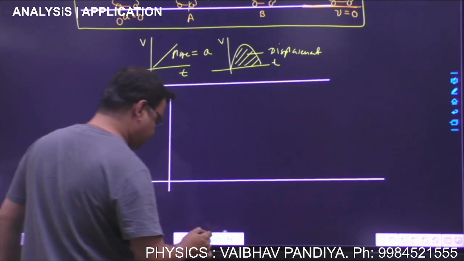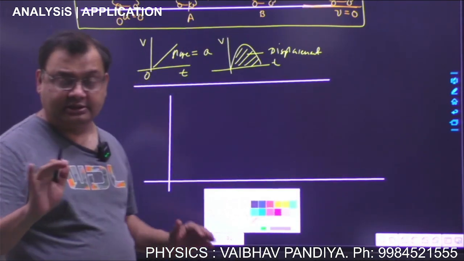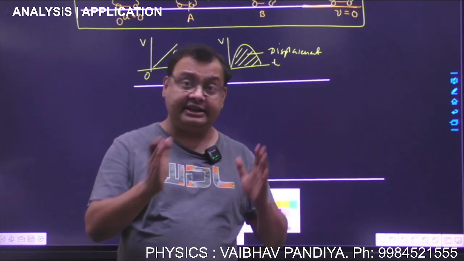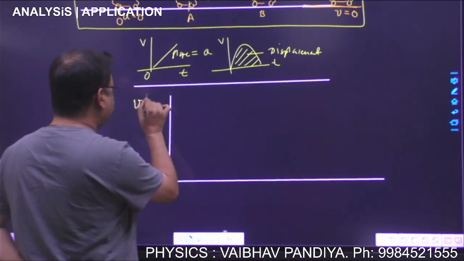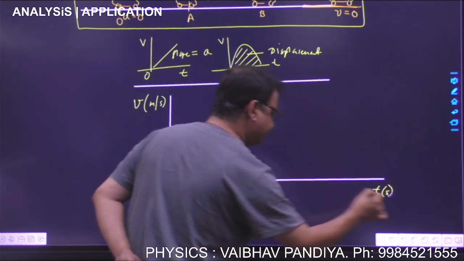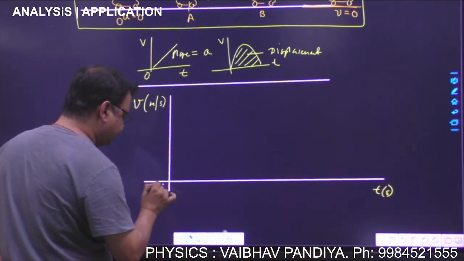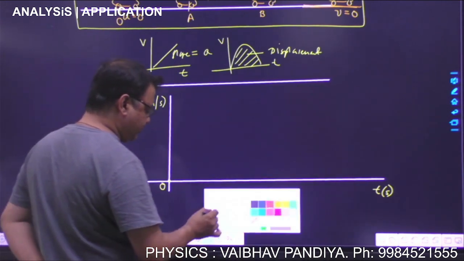So if I am plotting the VT graph, first the car is accelerating at 5 meter per second square. That is a constant acceleration and the initial velocity is 0. Here I am plotting V in meter per second and here I am plotting T in seconds. According to the problem, the car is starting from rest, so at T is equal to 0, the velocity will be 0.